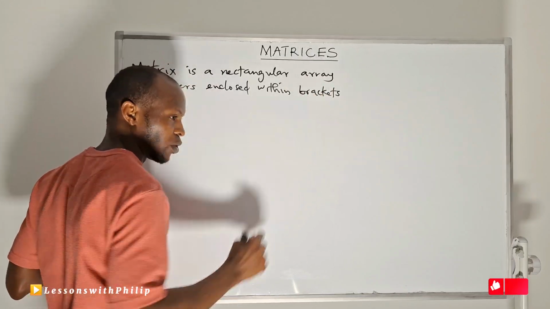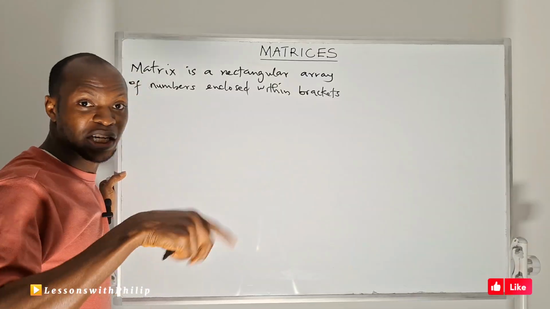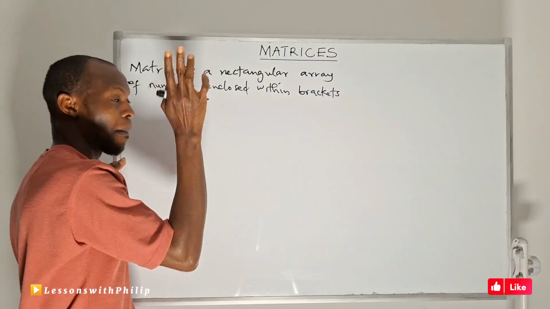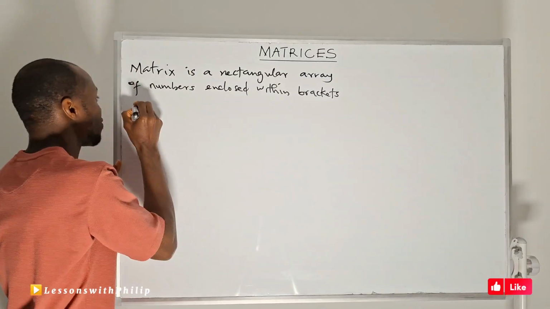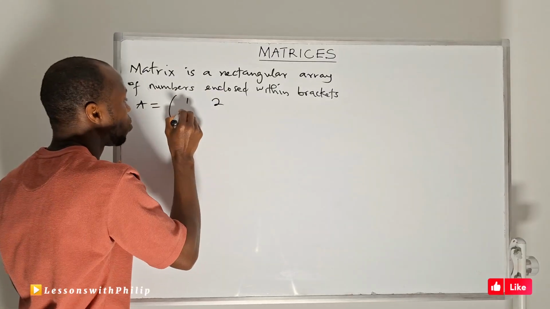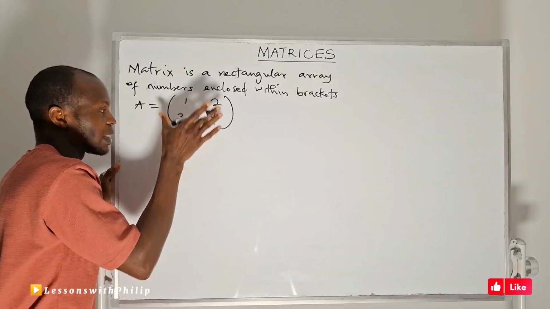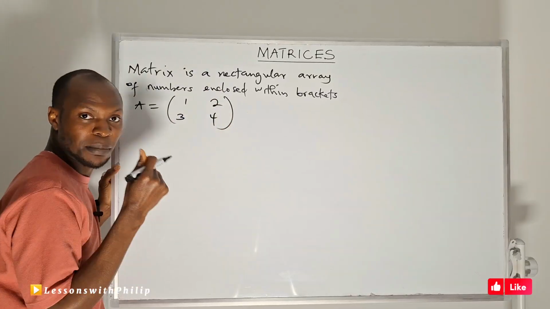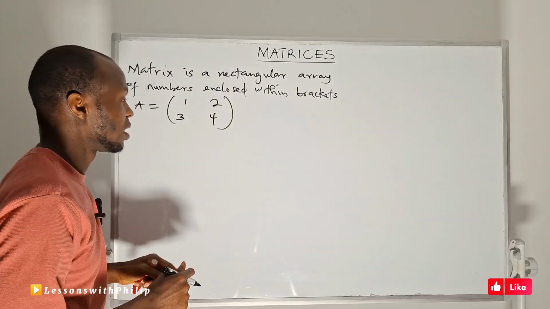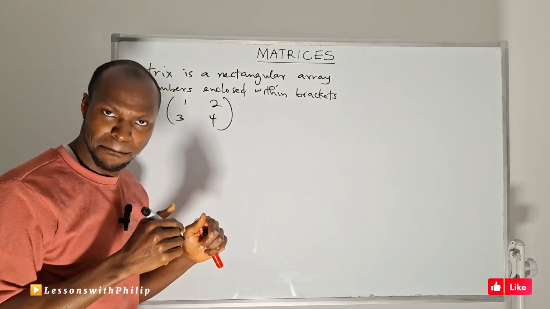When numbers are arranged within brackets, such an arrangement of numbers is known as a matrix. For example, if I have A equals 1, 2, 3, 4, this arrangement of numbers in this bracket is known as a matrix. So the whole bracket with the numbers is known as a matrix.